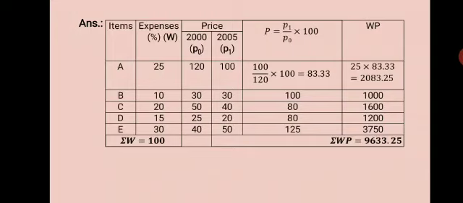Then we need to add all the W values. Then you will get summation W as 100, and we need to add all WP values. We will get summation WP equal to 9633.25.